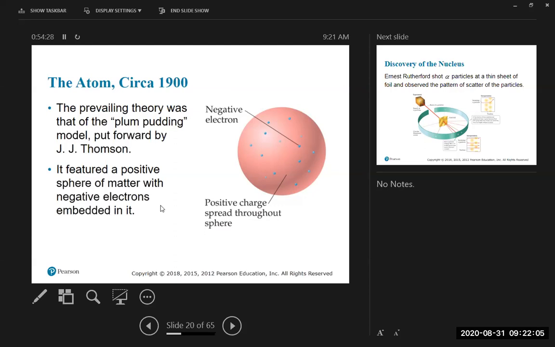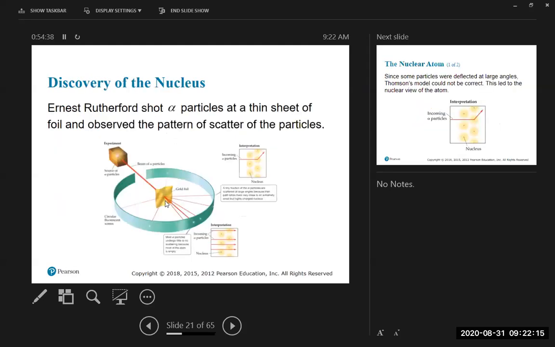So he thought it was this big sphere of positive charge with some negative charge electrons stuck in it. I guess that was good at the time. Seems kind of goofy now, but all right. I think most people like pudding, so that's a good thing.